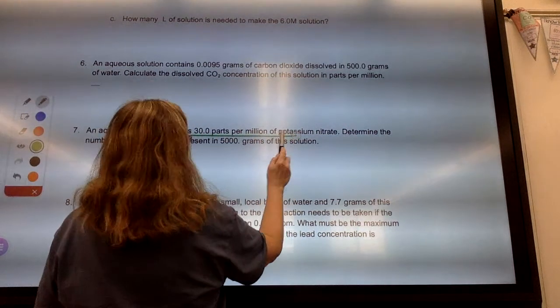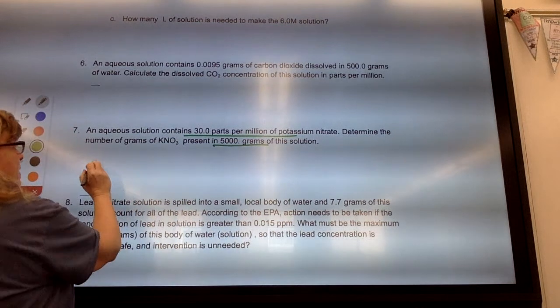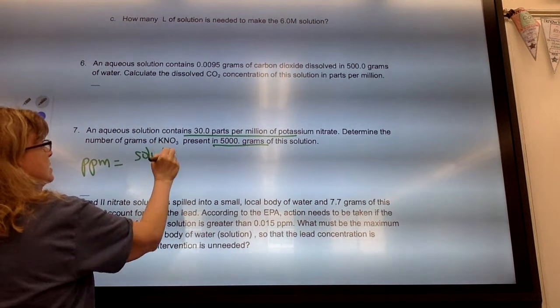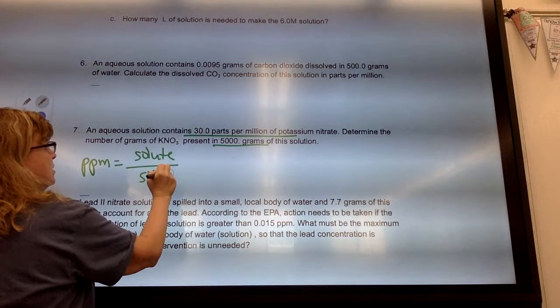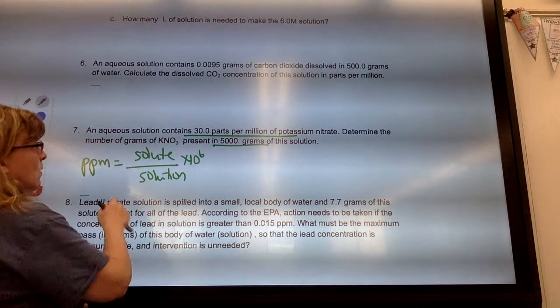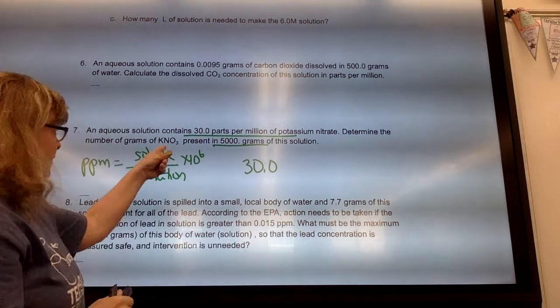30 parts per million, 5,000 grams. So again, using the formula, parts per million, solute, solution, times 10 to the 6. We know the parts per million. People were putting this number over here for solute.